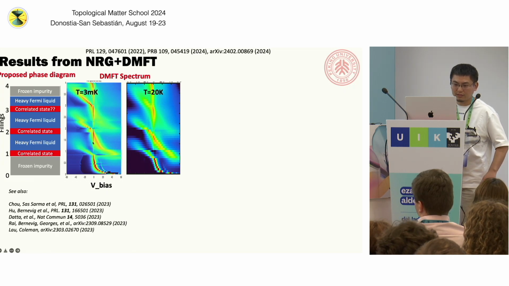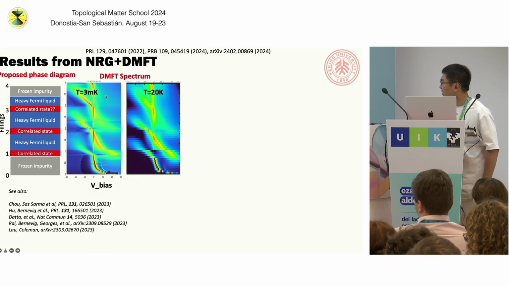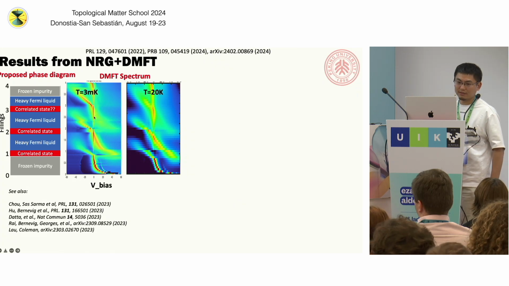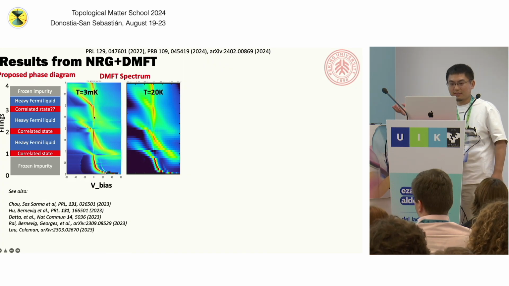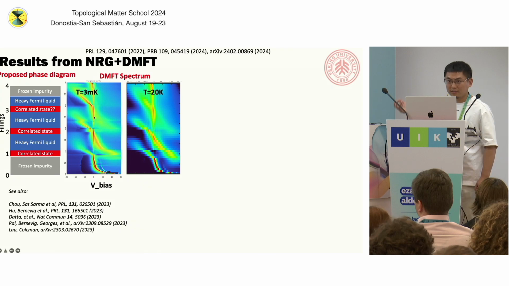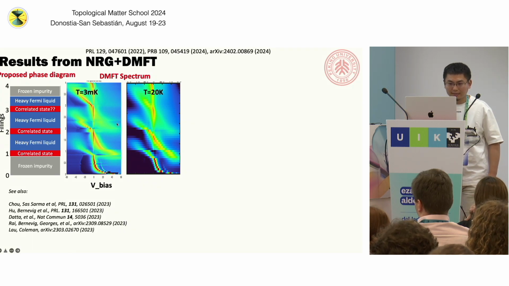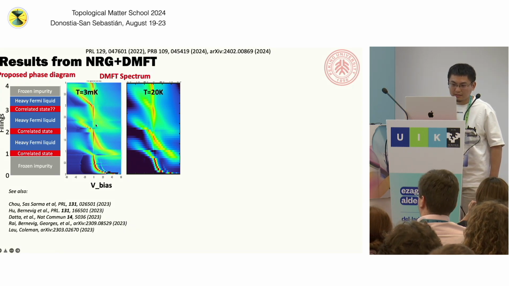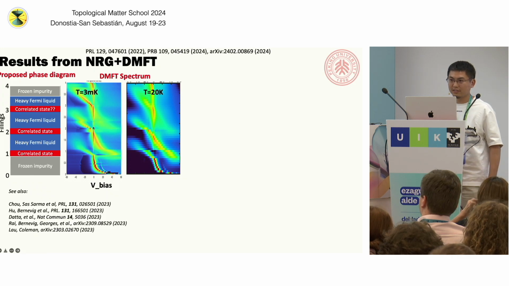In the metallic region, at fractional fillings, there is a zero energy peak pinned around zero energy, and we interpret this as some kind of Kondo resonance. At the integer fillings, we see that the width of this zero energy peak becomes almost zero.